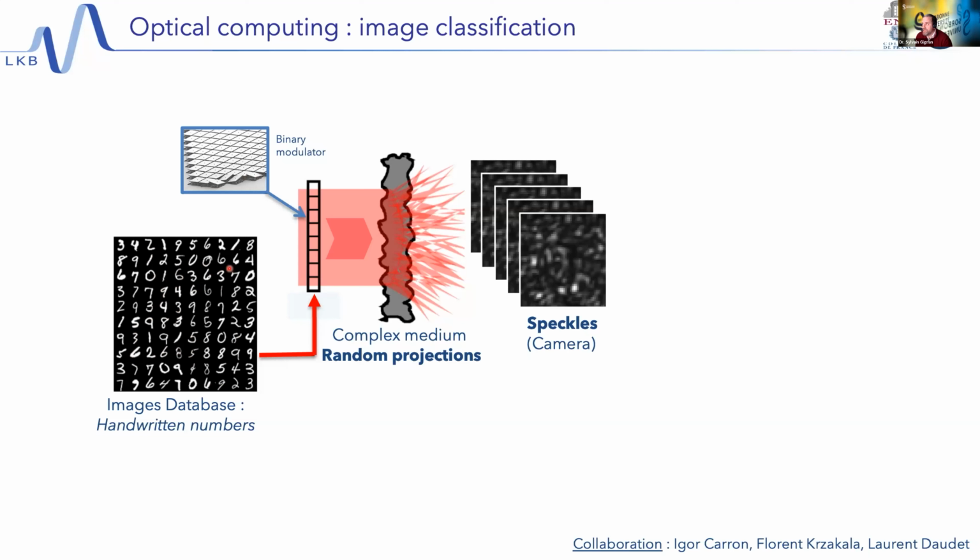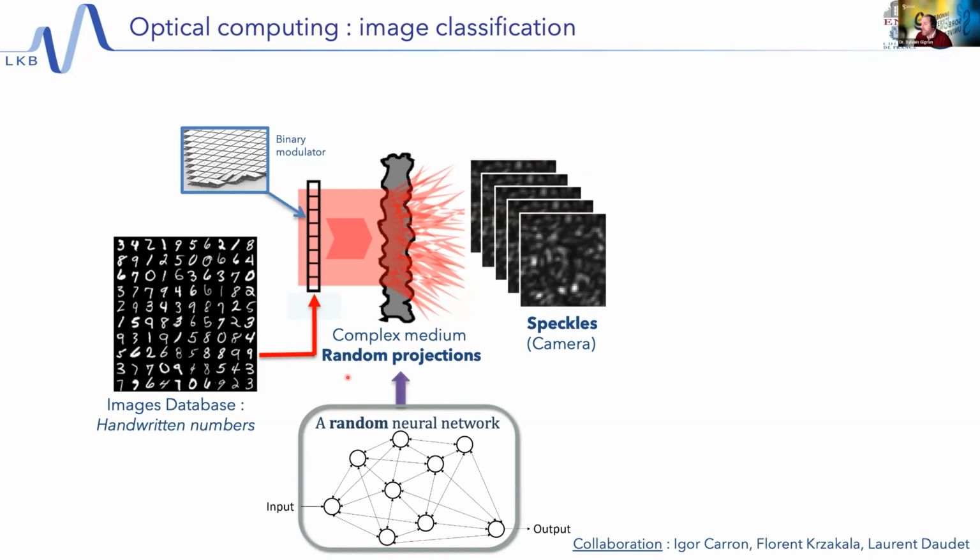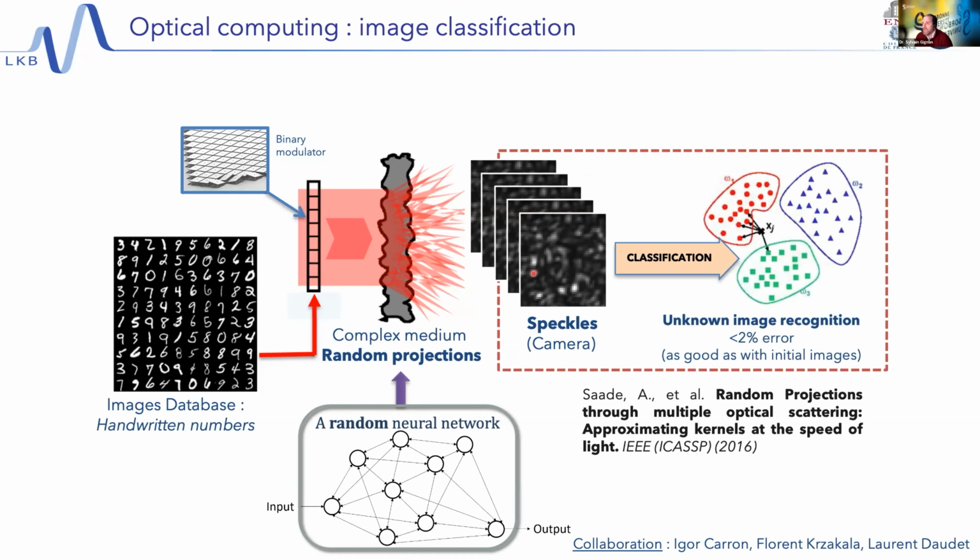And each of these digits will go through the medium, is projected on the medium, and on the far side gives a speckle that is slightly different. And the key idea is to be able to classify the digits automatically. And the general idea is that this basically behaves as a one-layer randomly connected network.